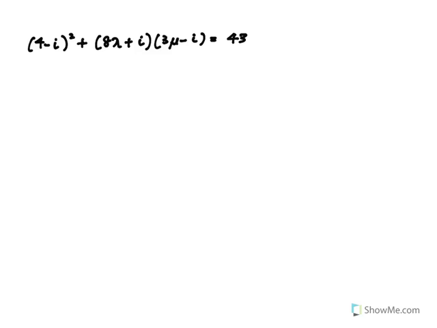Alright, with that, we expand the first portion, (4 minus i) squared, and we have 16 minus 8i minus 1, so this is just minus 1 plus 24.